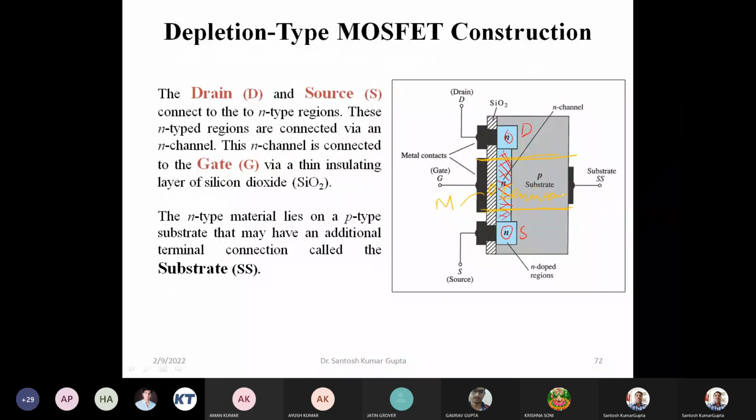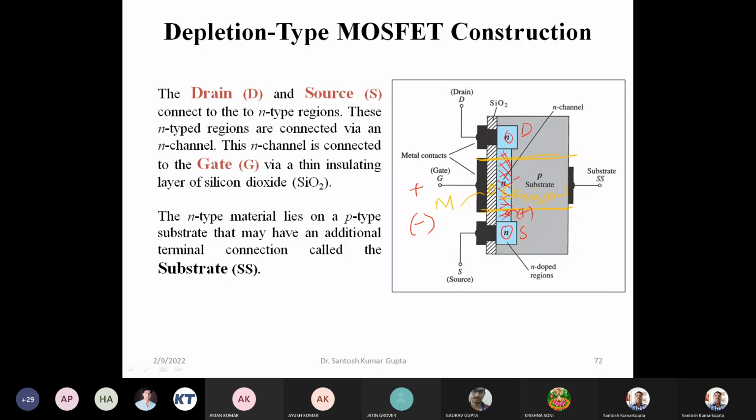In the semiconductor substrate we have the inbuilt channel. So if we put a positive gate voltage, then electrons are going to appear in the channel. On the other hand, if we put a negative charge on the gate, then positive charge is going to appear at the interface.